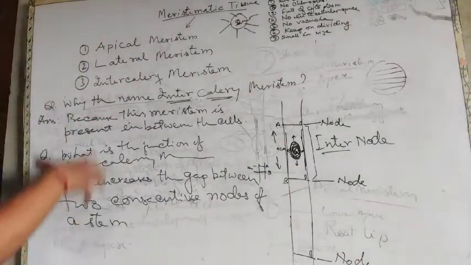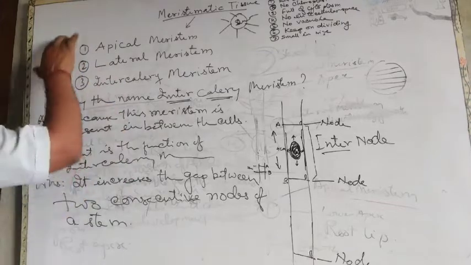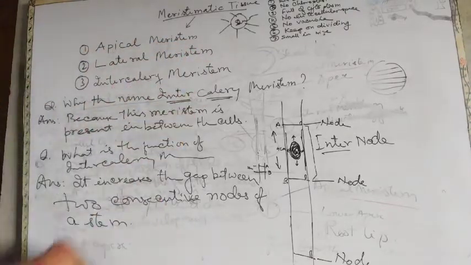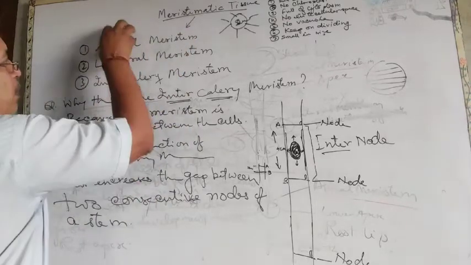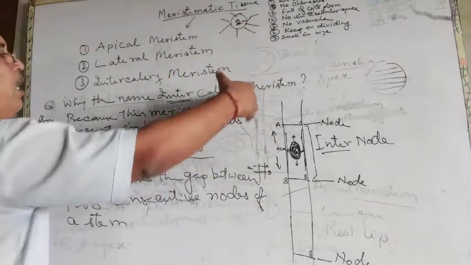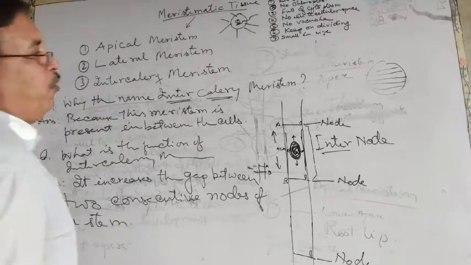These meristematic tissues we have classified into three basic classes: apical meristem, lateral meristem and intercalary meristem. Apical meristem, as the name suggests, is present in the apical region of the plant body, that is the shoot apex and the root apex, and it causes increase in the upward and downward height of the plant.